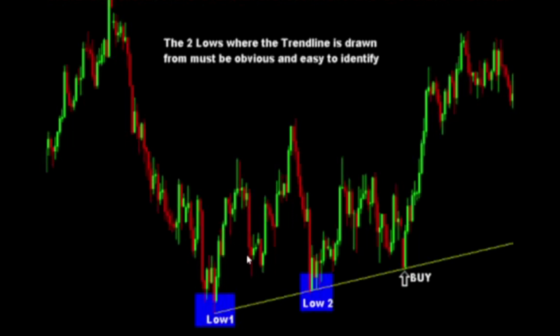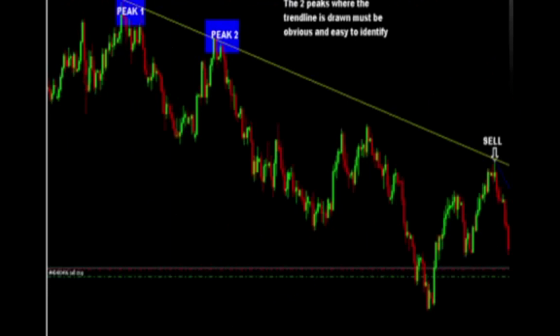So if we are to identify or define what happened here, I think these should be identified as bottoms. Okay, but then we've done the trend line scale up, so as to make it easy for us to get the exact entry points we needed to make good trading decisions.